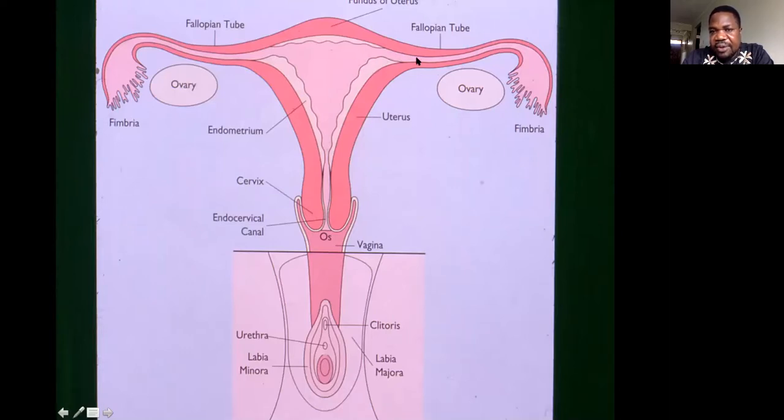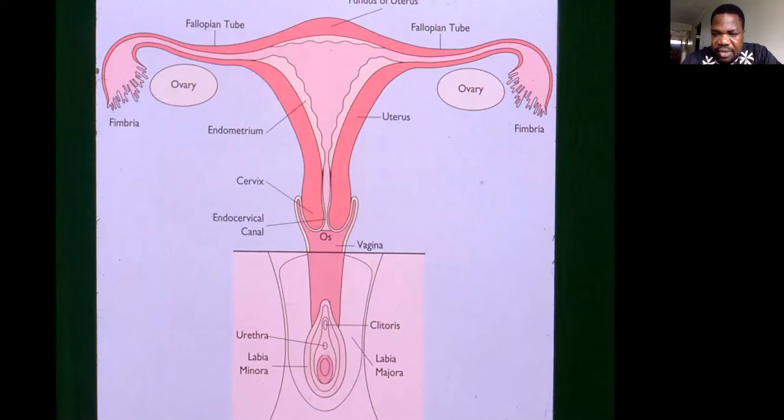And now it's a pelvic inflammatory disease here, so all this is now infected. So it becomes now a very serious disseminated infection. Sometimes it can be a tubo-ovarian mass, with a pelvic inflammatory infection.